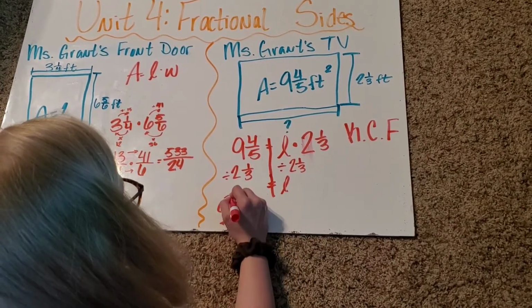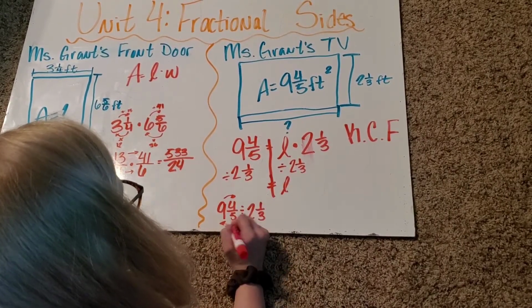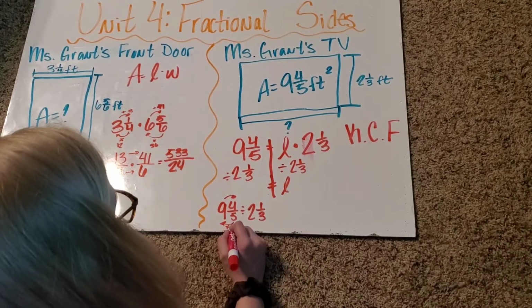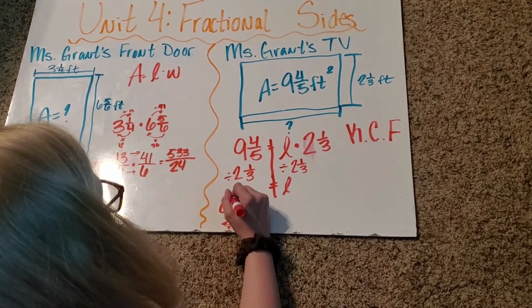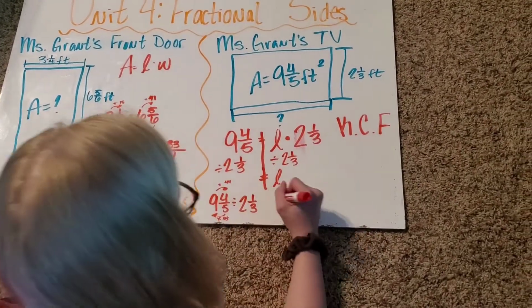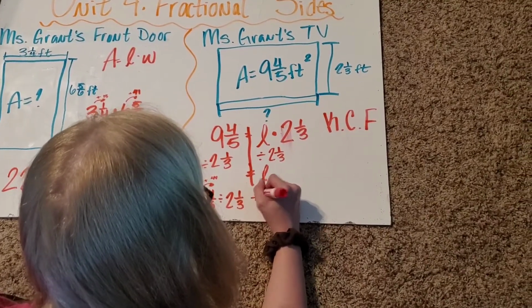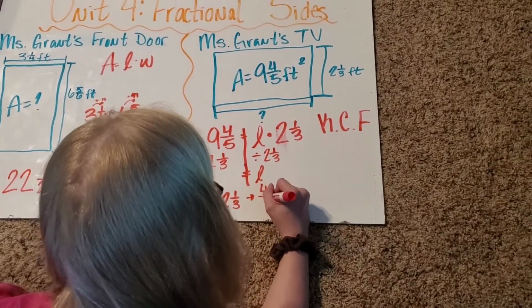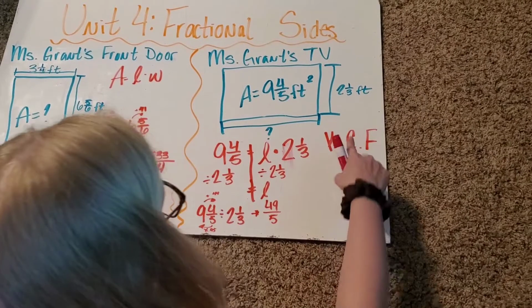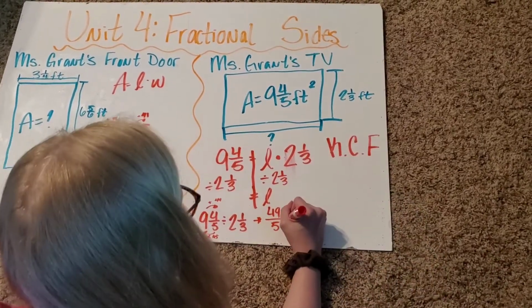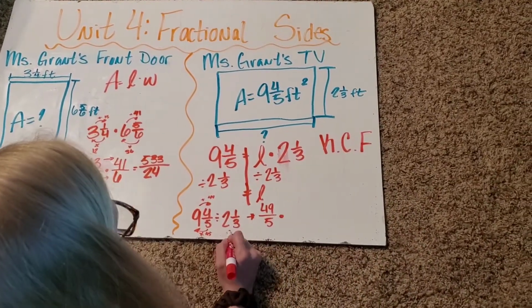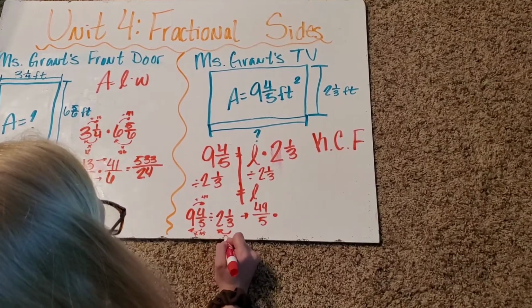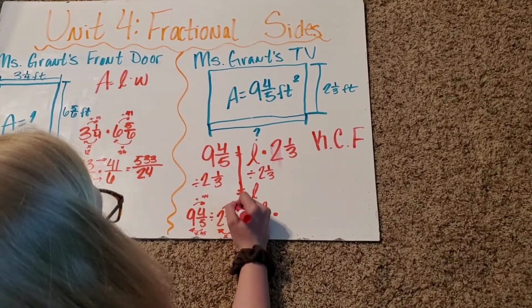5 times 9 is 45, plus 4 is 49. So this becomes 49/5, and then change into multiplication. Okay, 2 times 3 is 6.